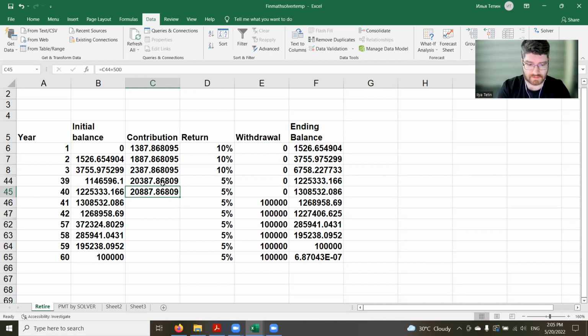Next thing, we have to find out what the solver characteristics are to make us end up with zero value. So ending balance should be zero. Is ending balance zero in this particular case? Actually, it is.